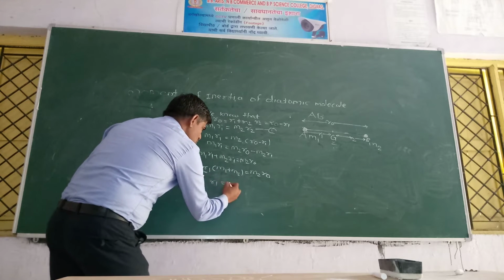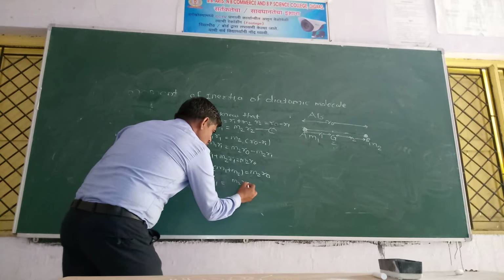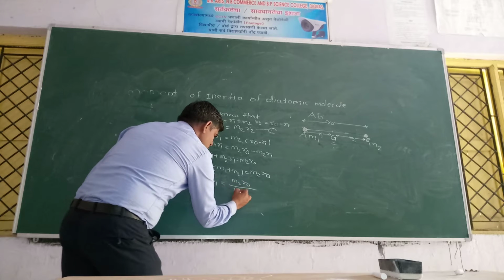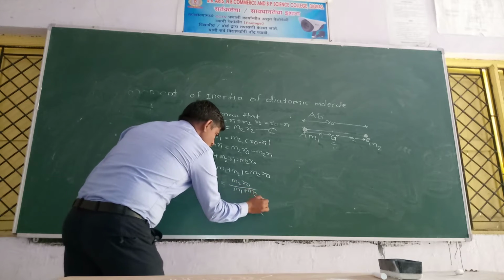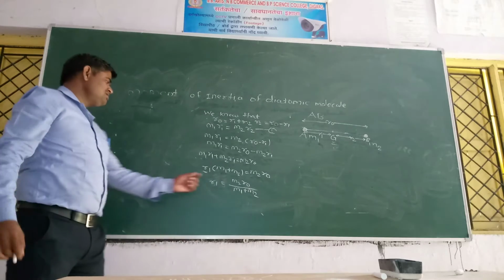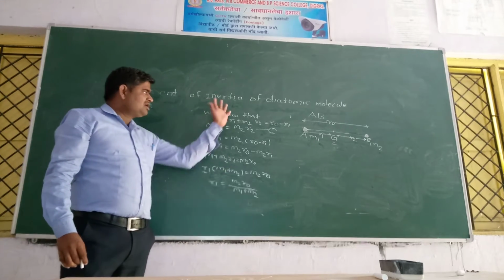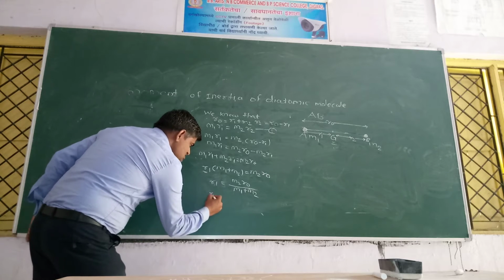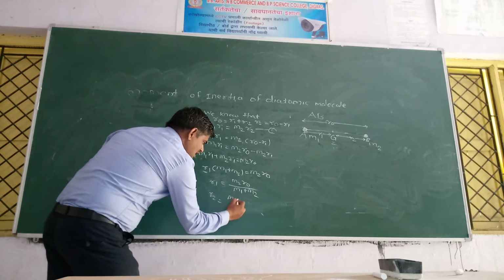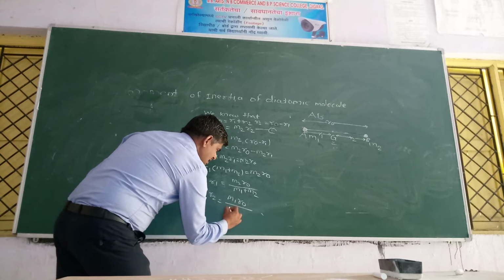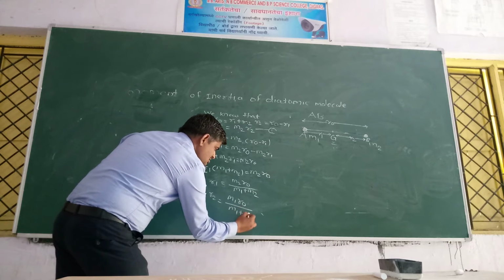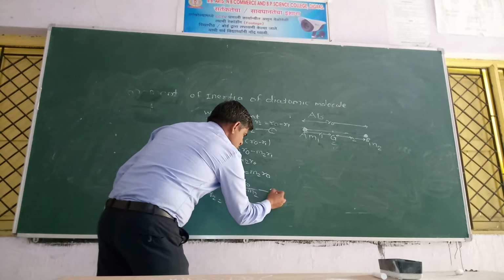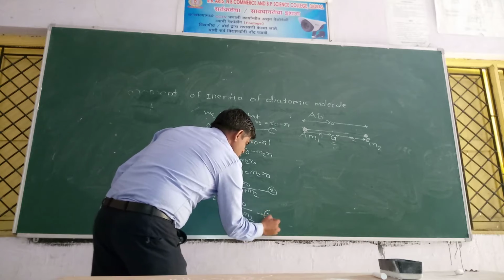R1 is equal to M2 R0 divided by M1 plus M2. We are easily getting this R1 value. Similar procedure done, then we get R2 is equal to M1 R0 divided by M1 plus M2. This is equation 2, this is equation 3.